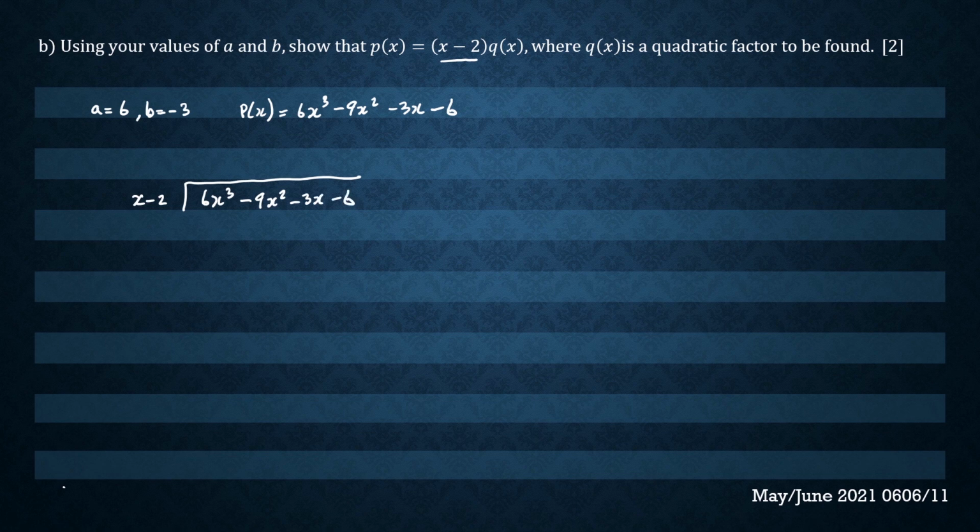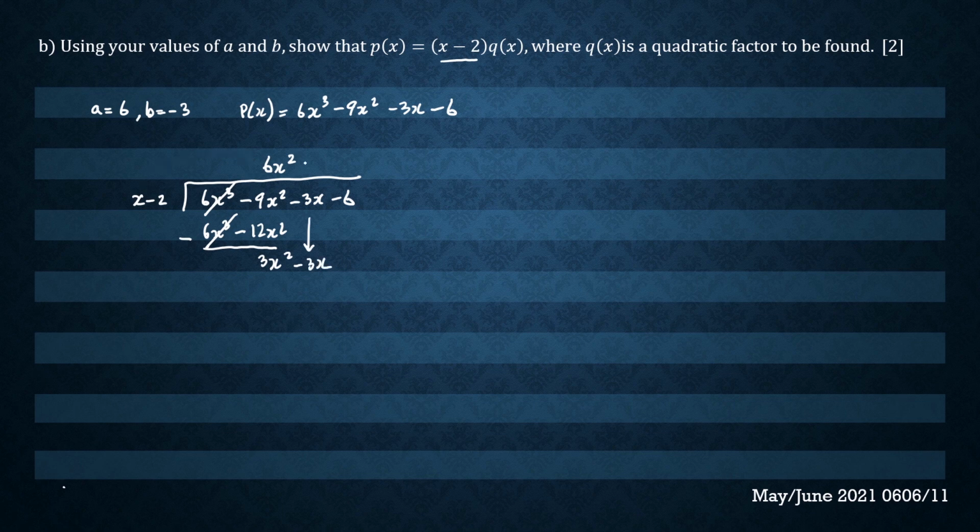Our first quotient term will be 6x squared. 6x squared times x is 6x cubed. 6x squared times -2 is -12x squared. Then we subtract. 6x cubed minus 6x cubed is 0. Minus 9x squared plus 12x squared, that would be 3x squared. Drop down the -3x.